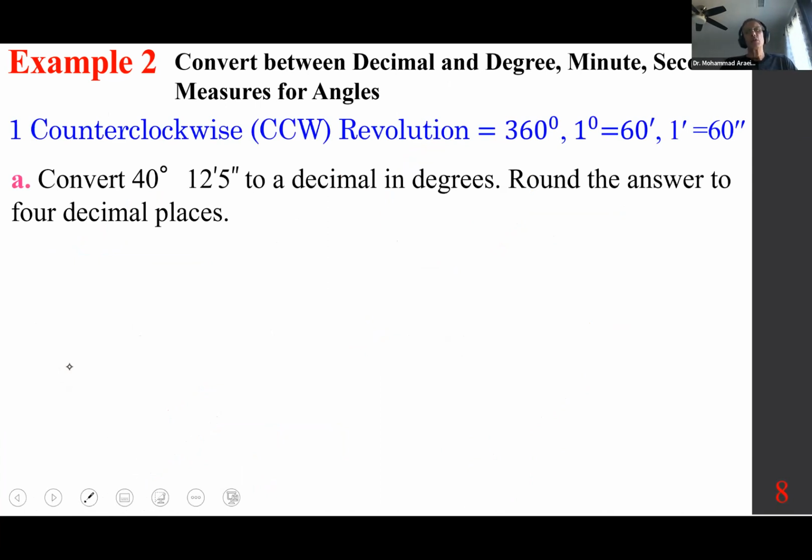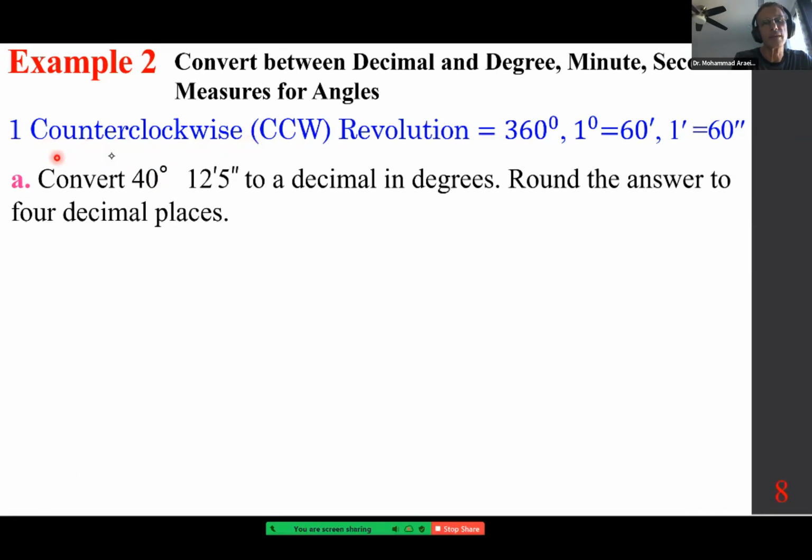We want to convert between decimal and degree, minute, second. So first and foremost, counterclockwise, CCW, that is the positive side.